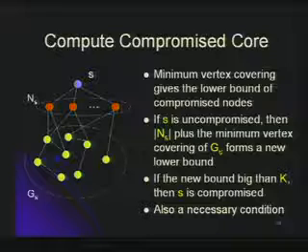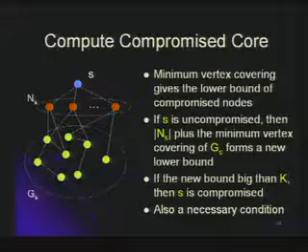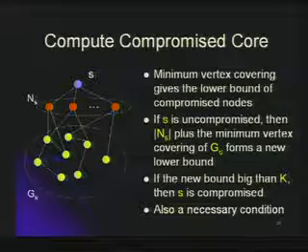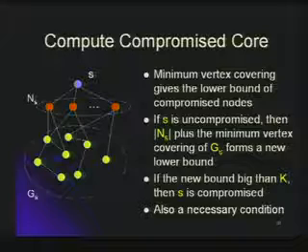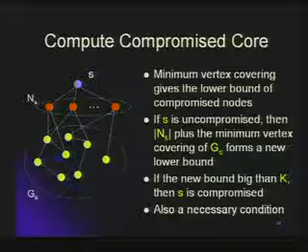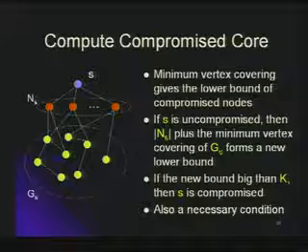If this number is bigger than K, then I found a contradiction because K is the upper bound of the number of compromised nodes. That means my original assumption is not correct. So node S must be compromised in this case.